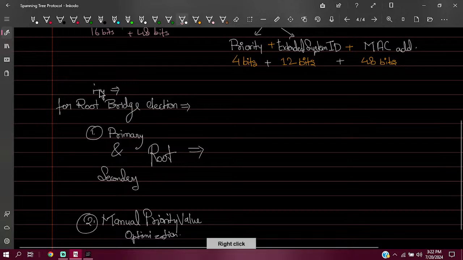Yes. तो रूट ब्रिज इलेक्ट करने के लिए आप दो तरीके से कर सकते हो, हालांकि दोनों में ही प्रायोरिटी बदलती है, बट पहला तरीका है प्राइमरी और सेकेंडरी रूट ब्रिज इलेक्शन, दूसरा है मैनुअली प्रायोरिटी बदल के ही आप रूट ब्रिज को इलेक्ट कर लें। फर्स्ट मेथड, प्राइमरी रूट इलेक्ट करने के लिए आप जो कमांड एग्जीक्यूट करेंगे, दैट पर्टिकुलर कमांड इज स्पैनिंग ट्री। आपको पर VLAN स्पैनिंग ट्री का रिफ्लेक्शन हर जगह दिखाई जाएगा सिंटेक्स में भी। उसके बाद आपको स्पेसिफाई करना होता है आप किस VLAN के लिए करना चाहते हो, फ्रॉम द कीवर्ड VLAN, एंड देन स्पेसिफाई योर VLAN ID.